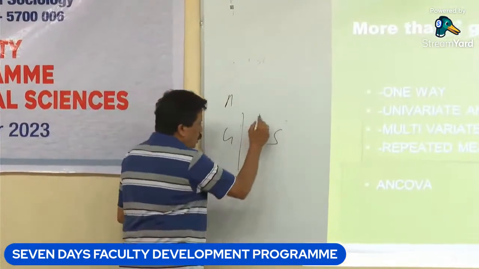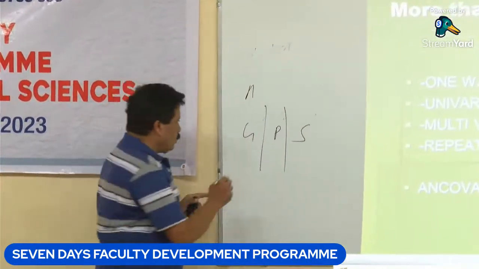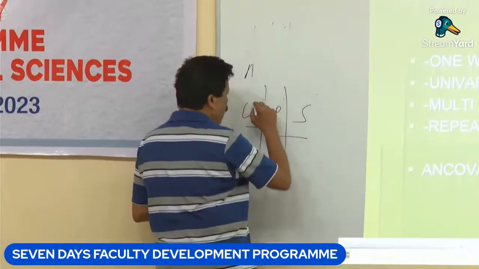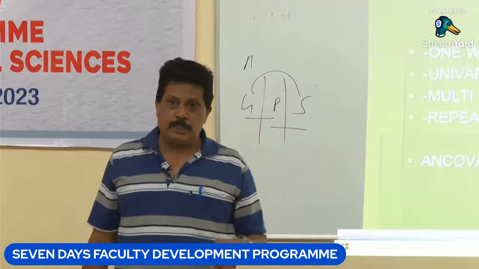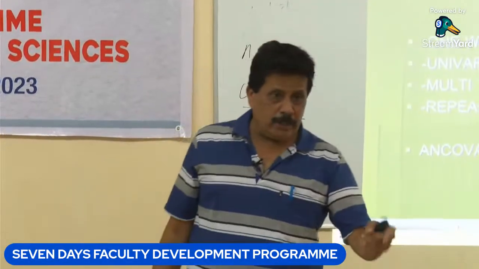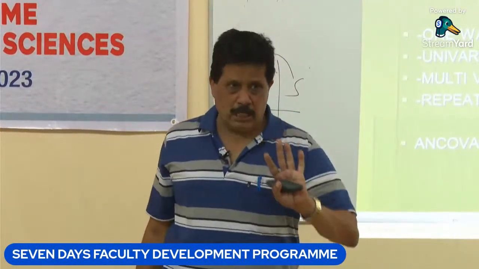So by t-test you have to do G2P, P2S and G2S. 3 times you have to do independent samples t-test. This can be avoided by simply using one-way ANOVA.